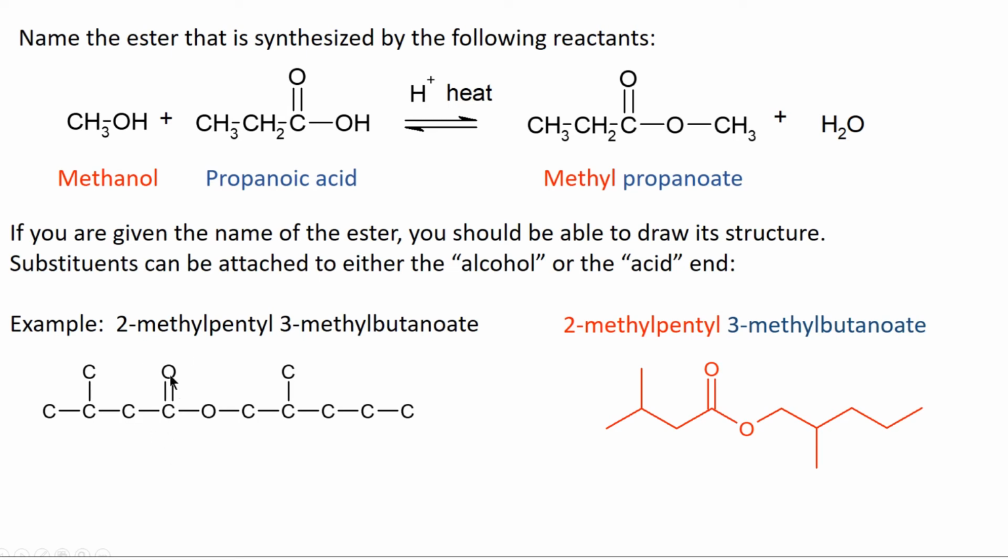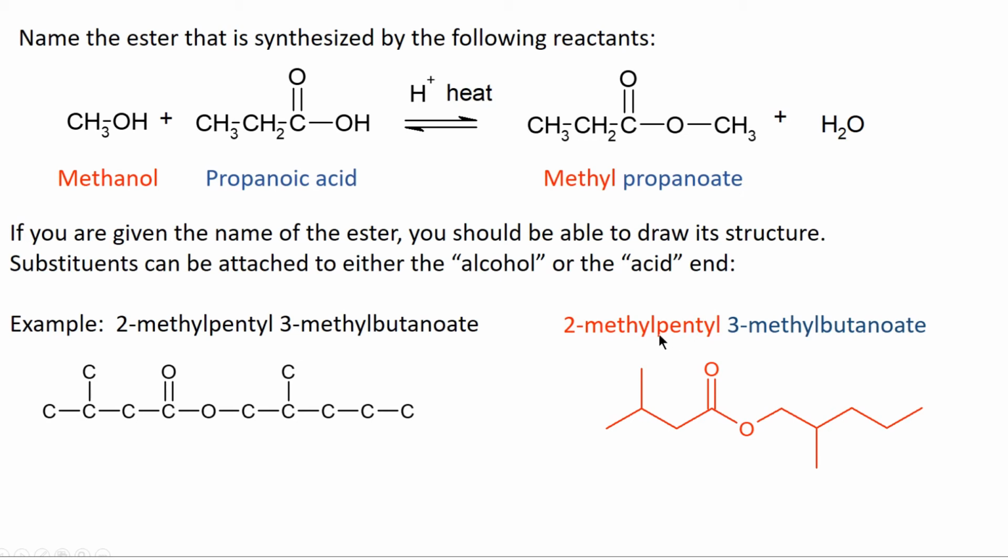This is our carbonyl, this is our carboxylic acid portion. Carbon number 1, 2, 3, 4. So there's our butanoate part. Then we have the 3-methyl: 1, 2, 3, 3-methyl. All right, so that takes care of the carboxylic acid side of our ester. Now we have to look at our alcohol side.